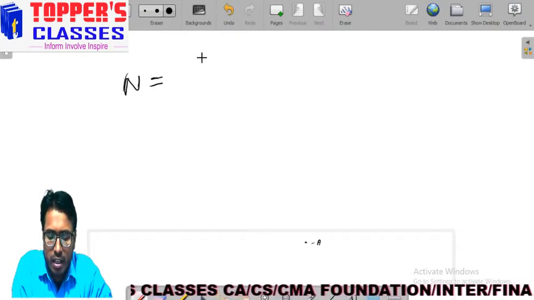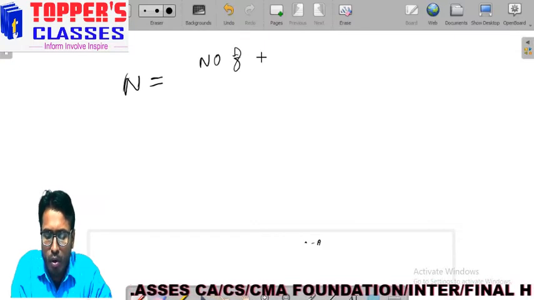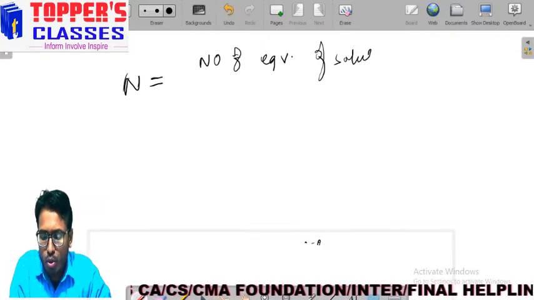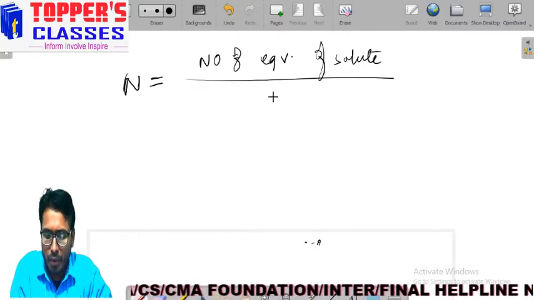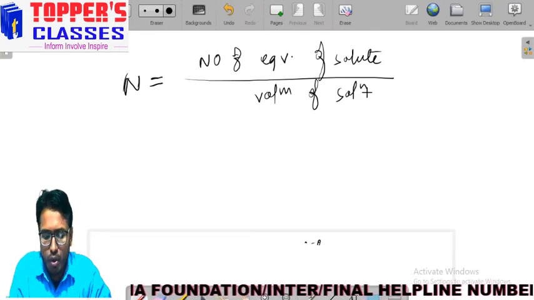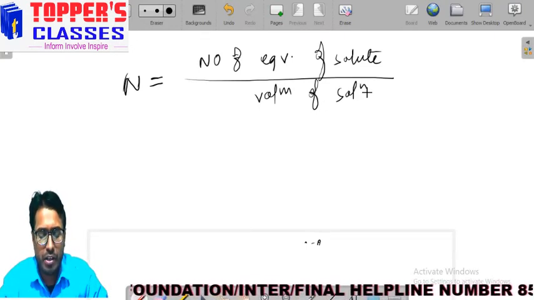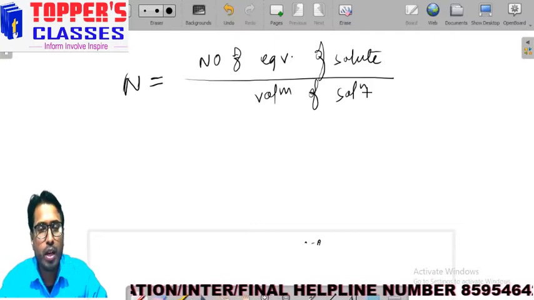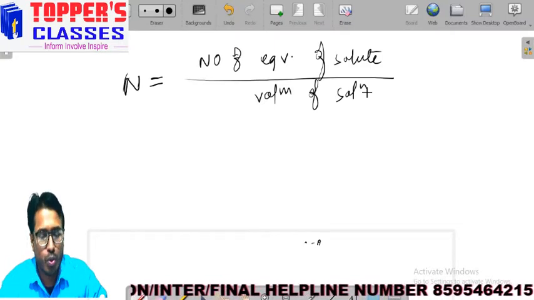Normality is the number of equivalents of solute per volume of solution. By definition, it is the number of equivalents of solute to the volume of the solution.